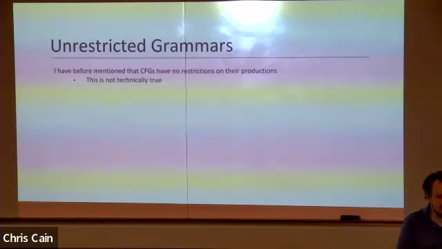We had like capital A, arrow, some arbitrary string of terminals and non-terminals. So there still was a restriction that the left-hand side had to be a single non-terminal. What happens if we relax that restriction? So now the left-hand side doesn't have to be a single symbol anymore, and in fact, could be any string of terminals and or non-terminals.